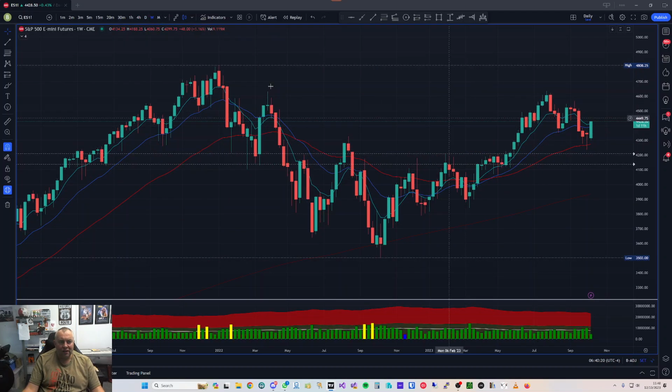So as you can see on this weekly chart, we're in an uptrend and we're in a pullback potentially, and we're putting in a bit of a bull flag. So it's interesting to see that we can put in the levels.